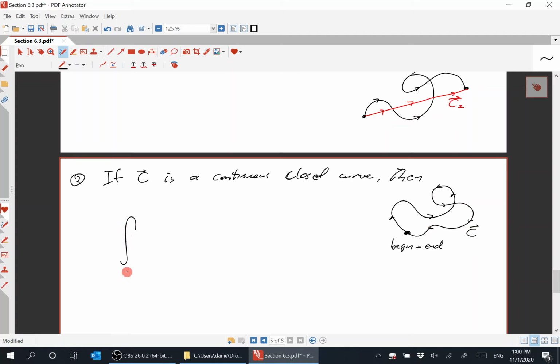Then the integral of gradient f dot dr is equal to f at the end minus f at the beginning. But the beginning is equal to the end, so it's just 0. Right? So over any closed curve in a conservative vector field, the line integral is 0. Pretty cool.